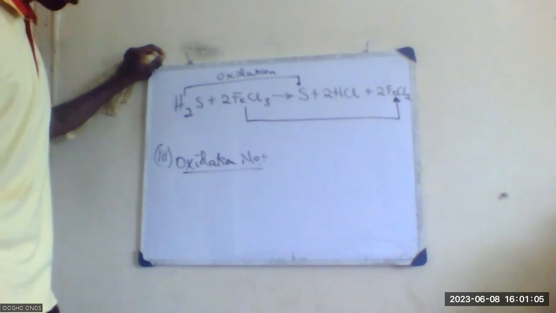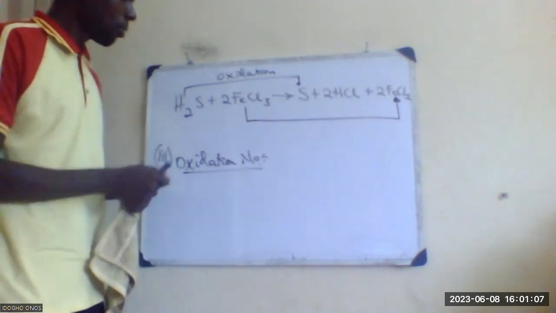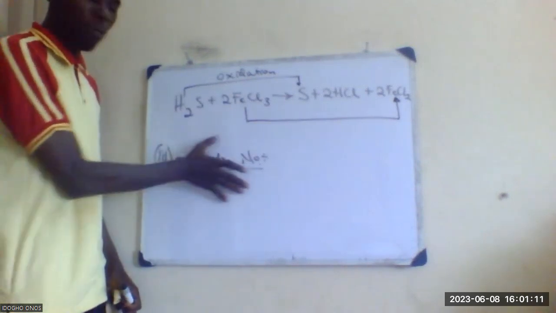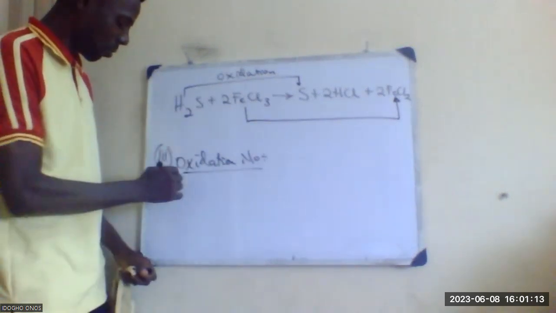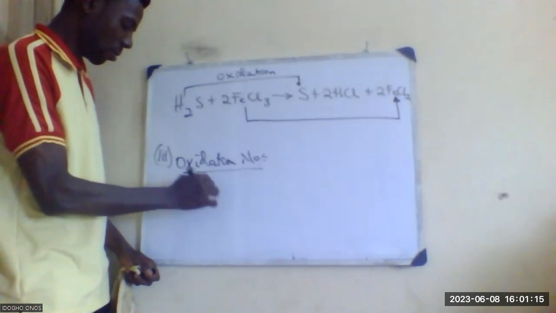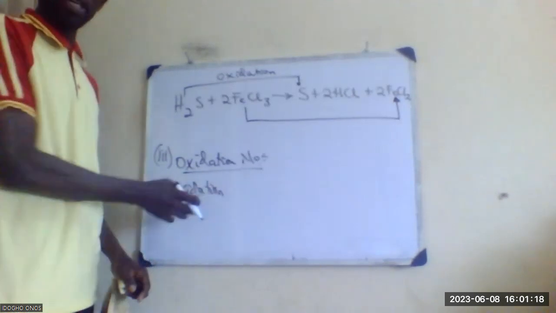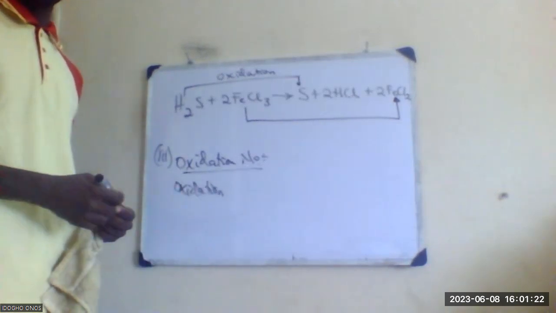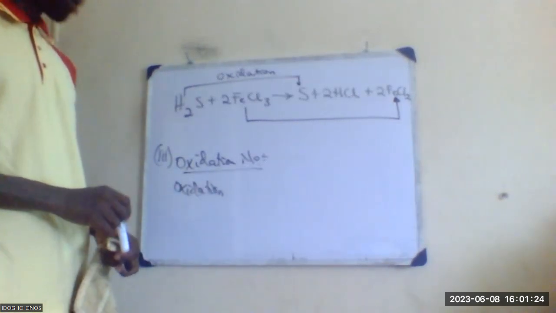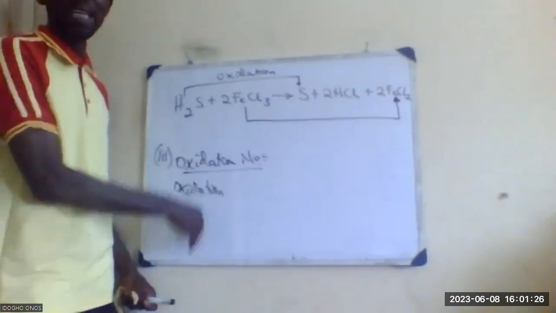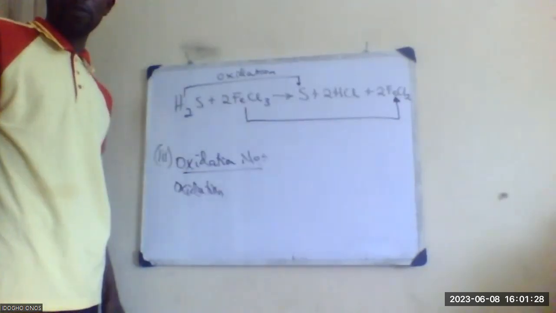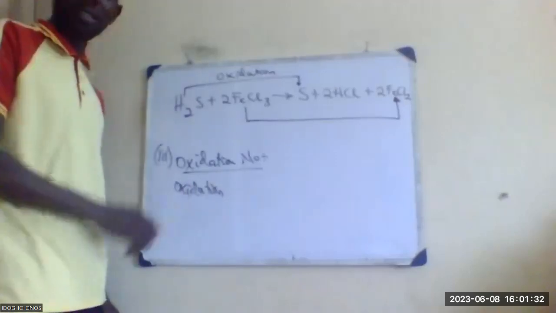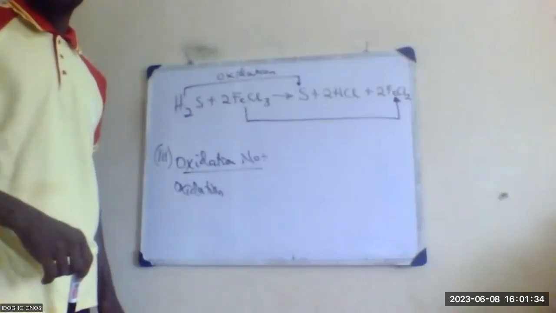I believe you have. So now let's look at oxidation in terms of oxidation number. Oxidation has to do with an increase in oxidation number. That is, there's an increase in the oxidation number of the species, while reduction has to do with a decrease in the oxidation number.